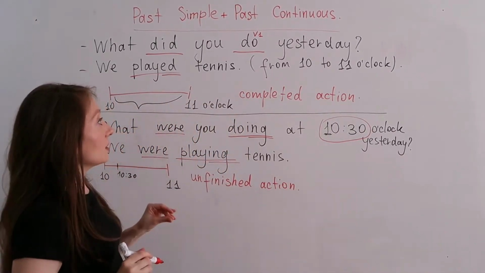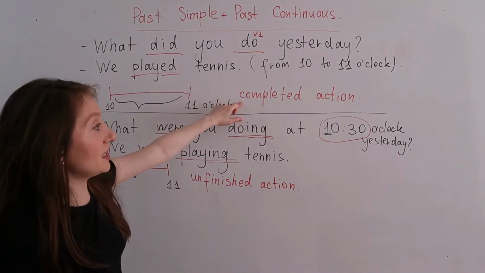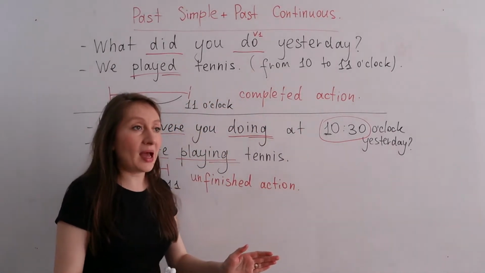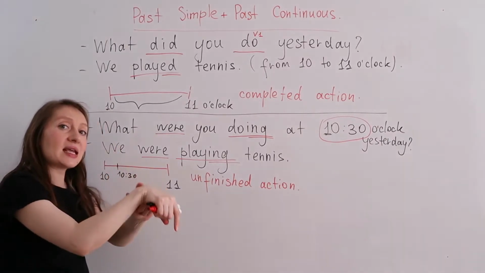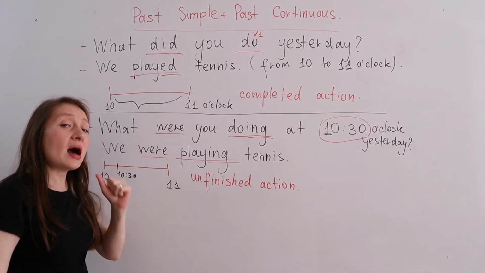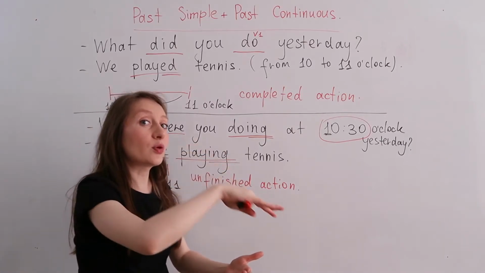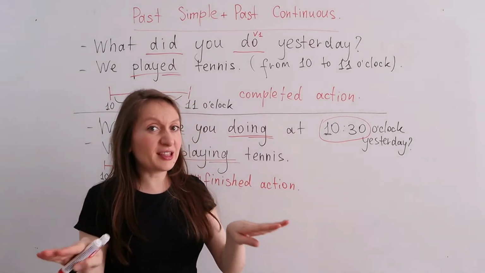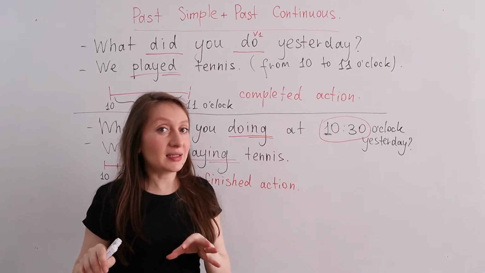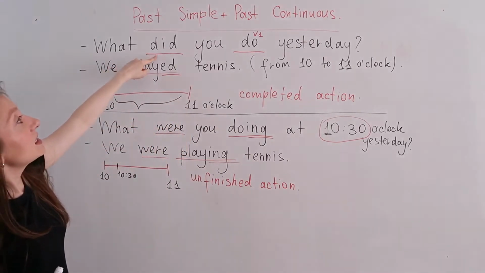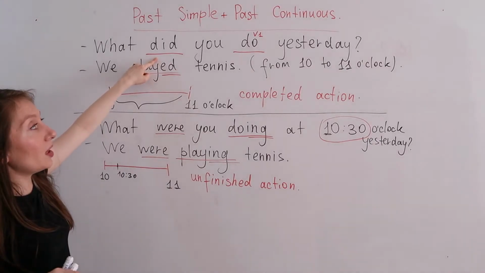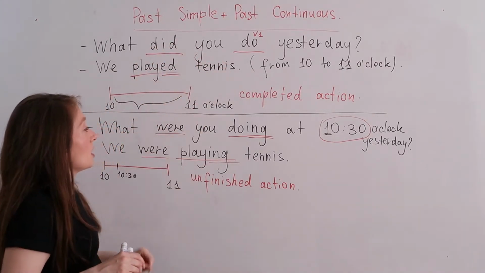So this is completed action, it's over, now it's the past, but at this exact specific time, I was playing, we were playing. There was a process. I hope you feel the difference between these two sentences, right? Did. For past simple, what did you do?